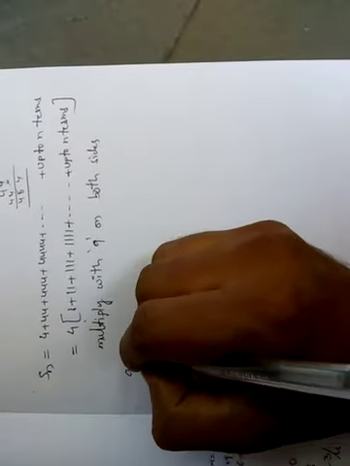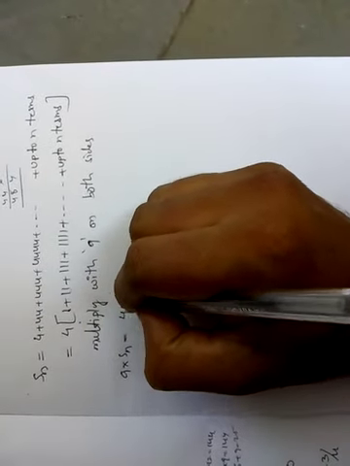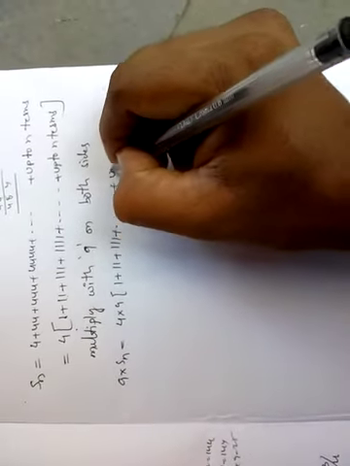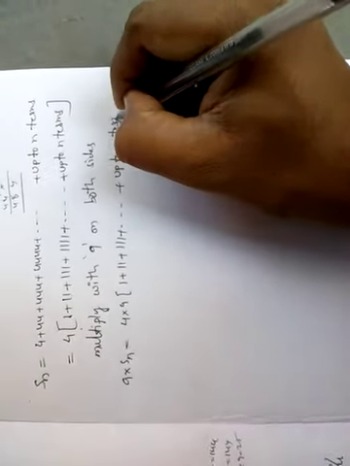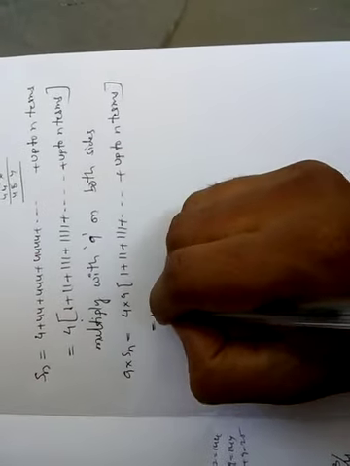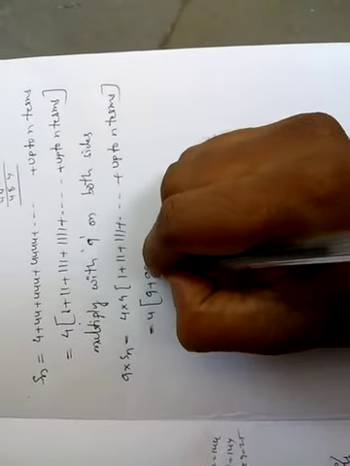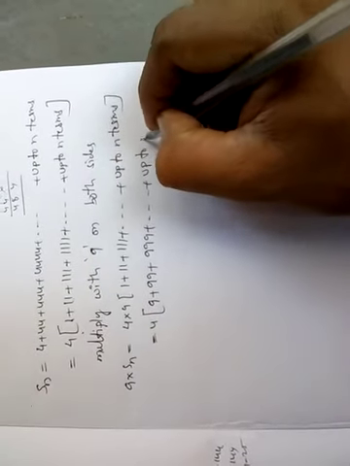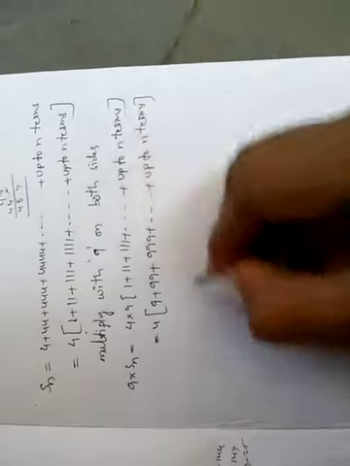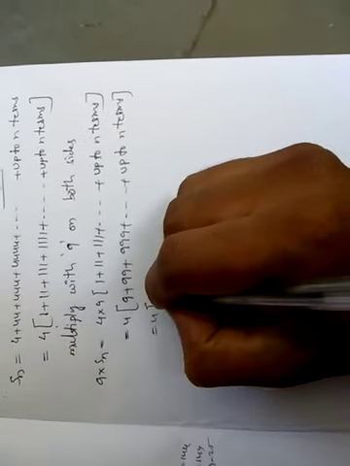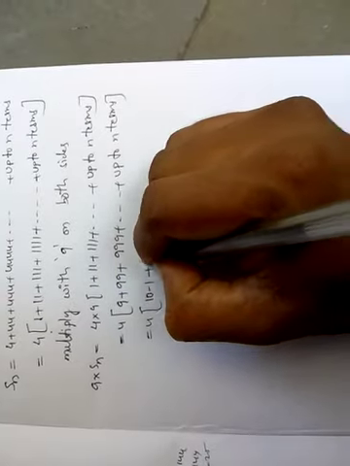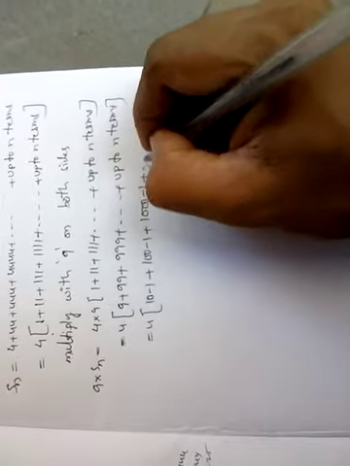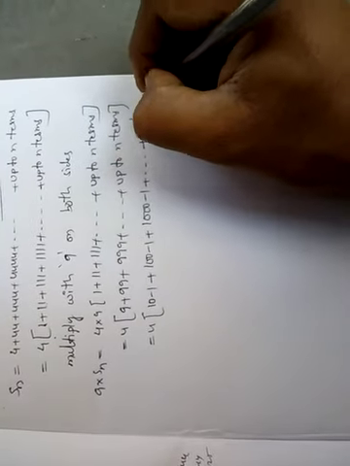So 9 into Sn is equal to 4 into (9, 99, 999, plus and so on up to n terms). So 4 of 9 can be written as 10 minus 1, 99 as 100 minus 1, 999 as 1000 minus 1, up to n terms.